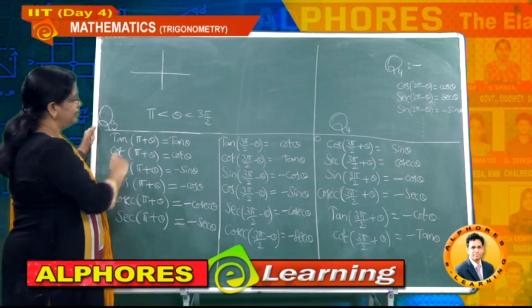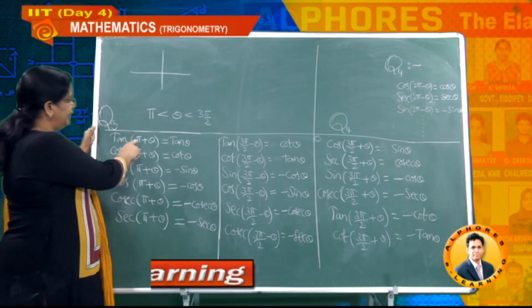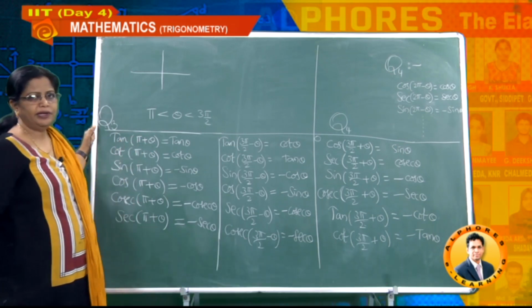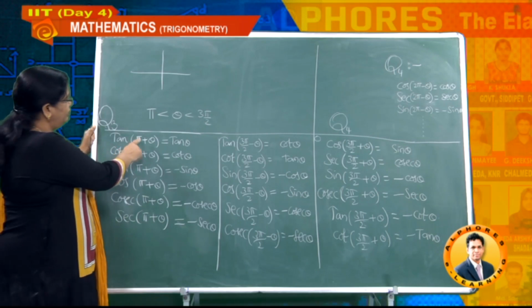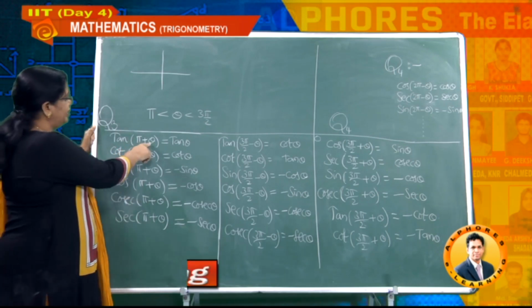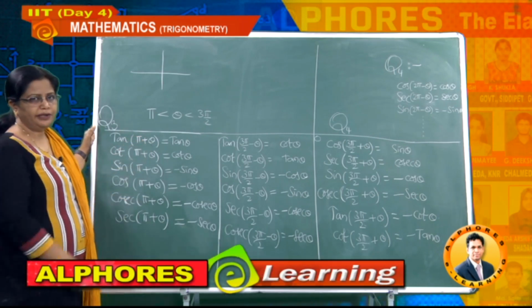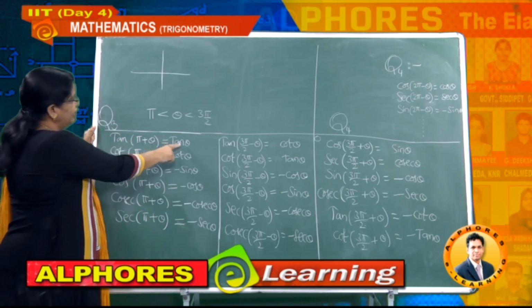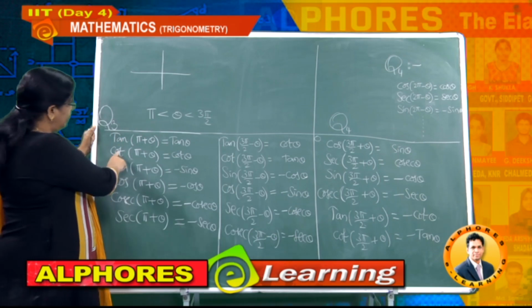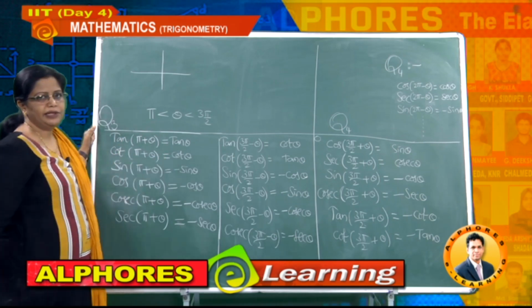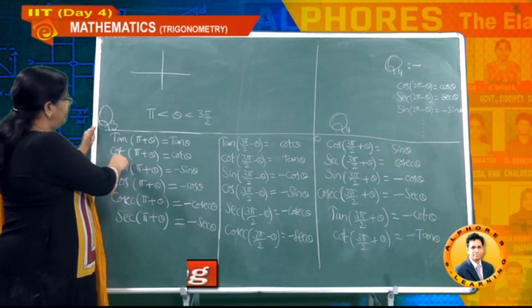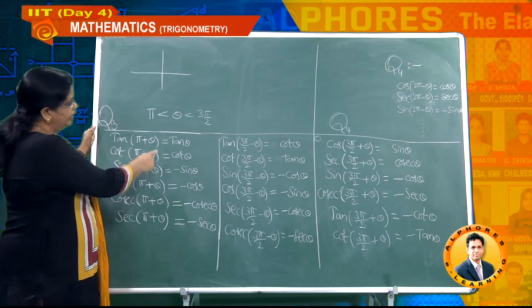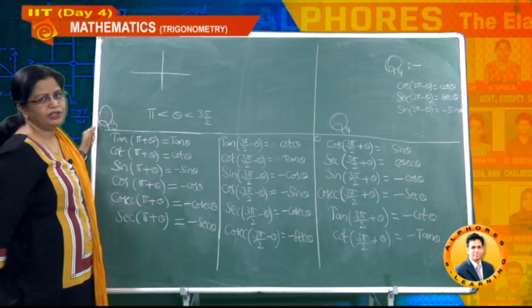Tan of 180 plus theta, as I already said, is an even multiple of 90 degrees. So an even multiple of 90 degrees plus theta comes under the third quadrant and the function remains the same, and the value is positive. Here also cot, function remains the same, tan and cot are both positive in the third quadrant, and hence your answers are positive.